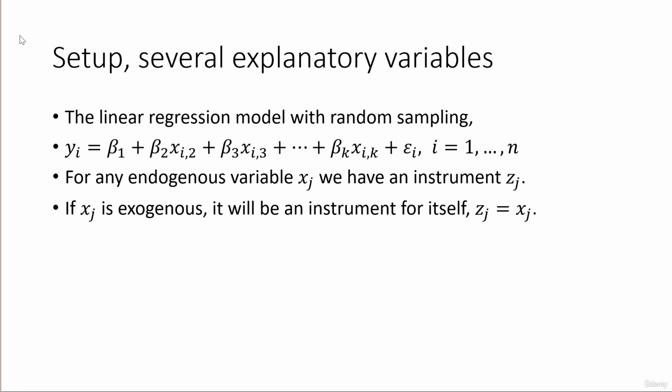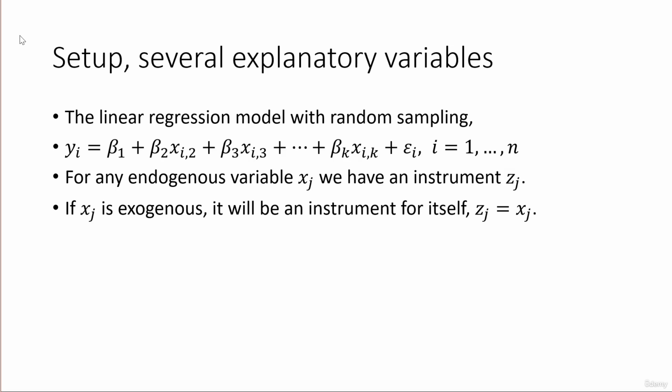The variable itself will satisfy all the conditions that an instrument should satisfy. It's obviously correlated with itself, plus the expected value of the error term conditionally on this variable is 0.